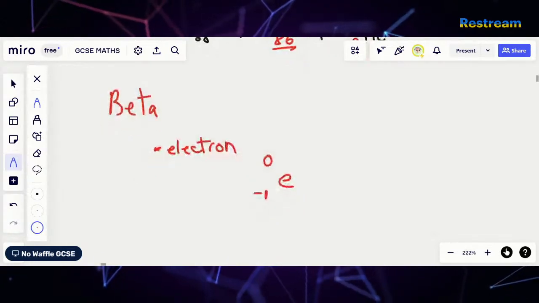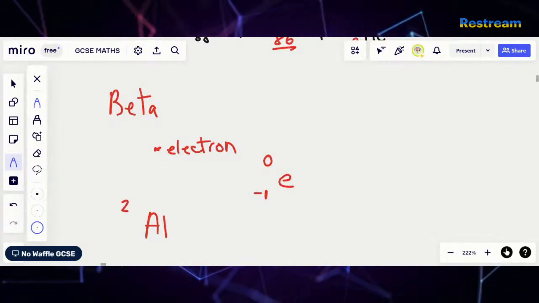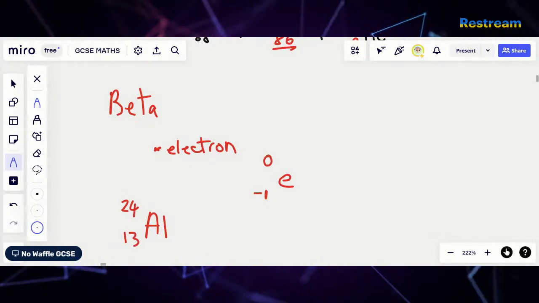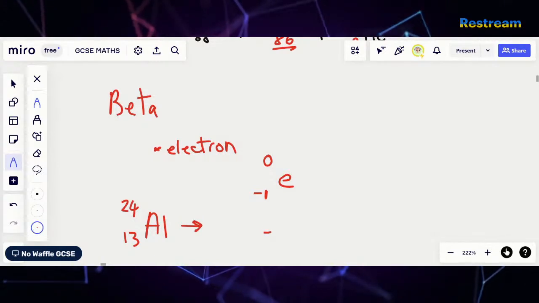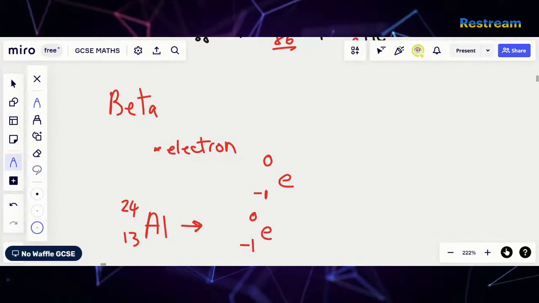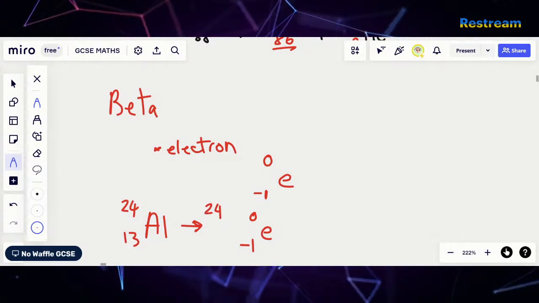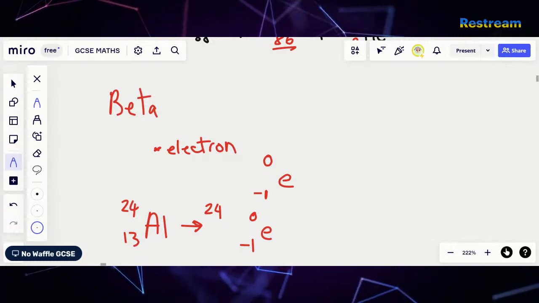So when we're asked to calculate or describe the beta decay of aluminium, we know that beta would produce an electron, so it'll be 0 and -1. Nothing will change with the mass number, but the atomic number will increase by 1.